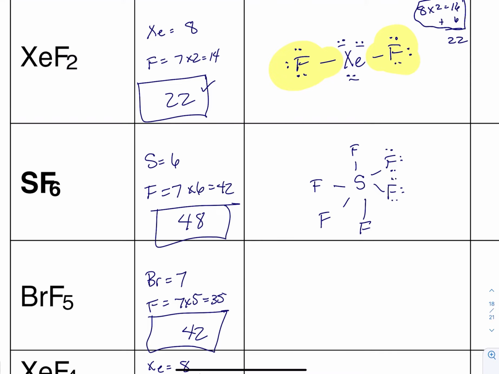Oh, I'm not doing my countdown thing. So for sulfur, I had 48, so 46, 44, 42, 40, 38, 36. And then I'll go ahead and put these extras in.